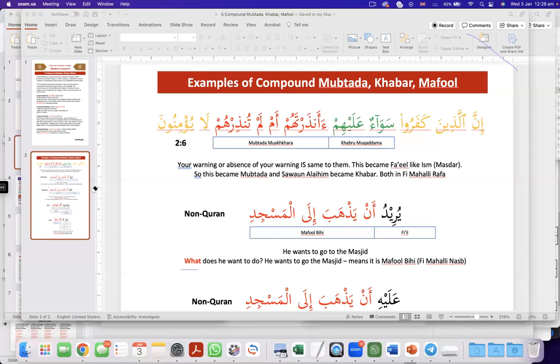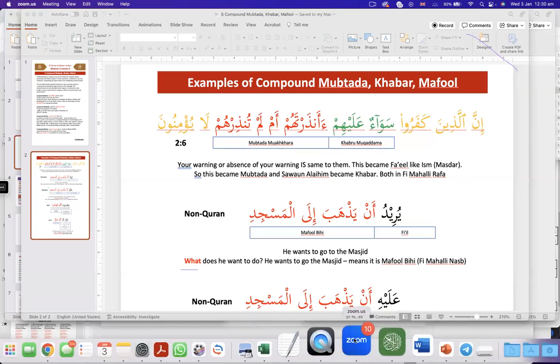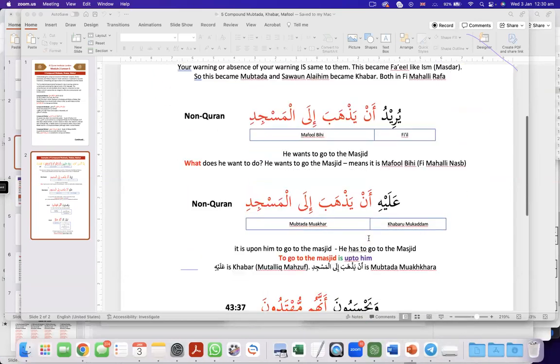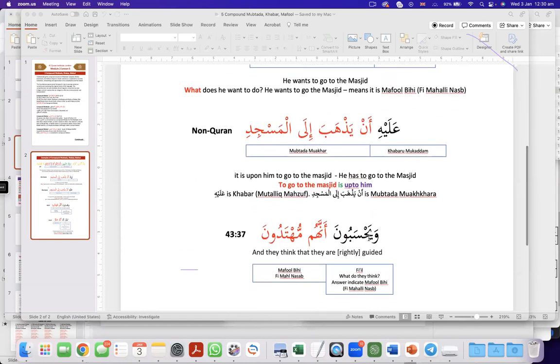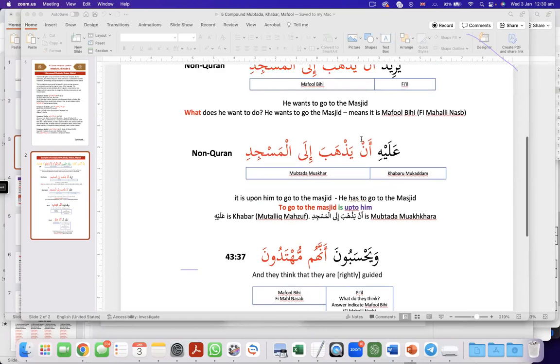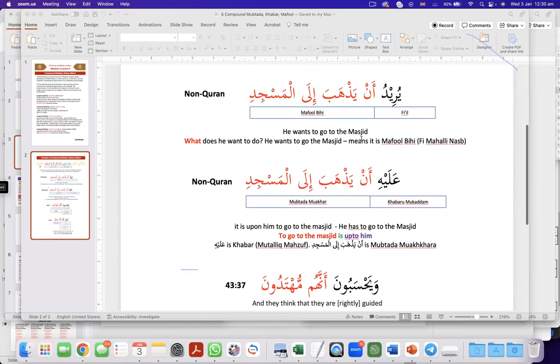So, next sentence, next example. Who can read this? عليه أن يذهب إلى المسجد. Is it Brother Muhammad?